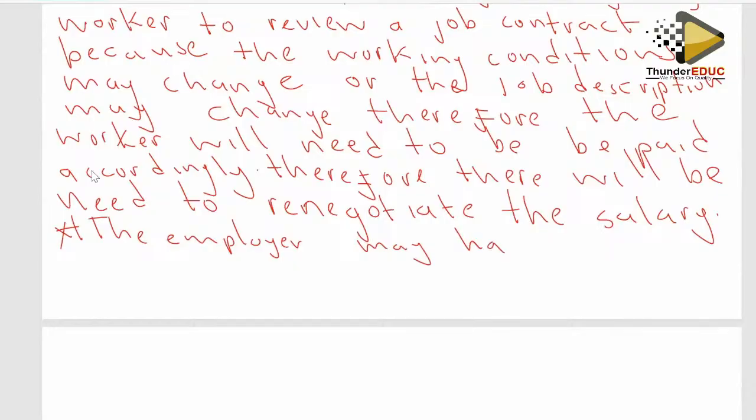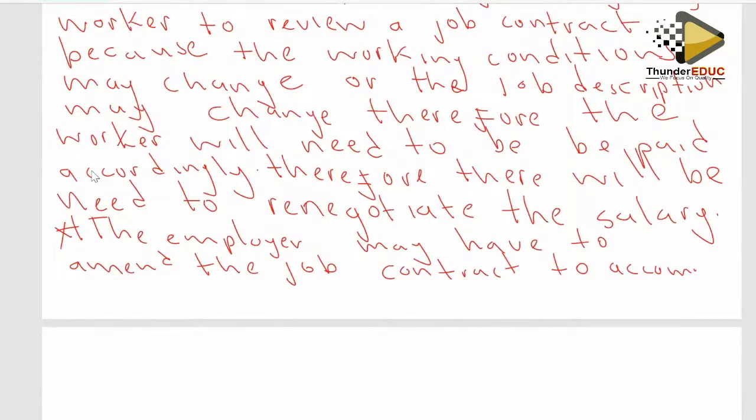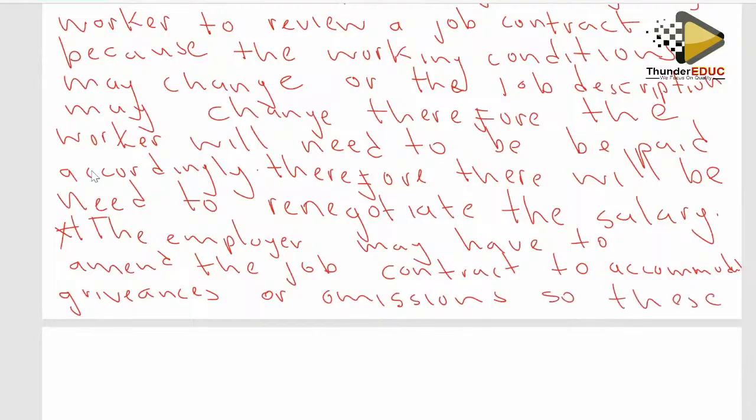The employer may have to amend the job contract to accommodate grievances or omissions, so these changes need to be put in writing.